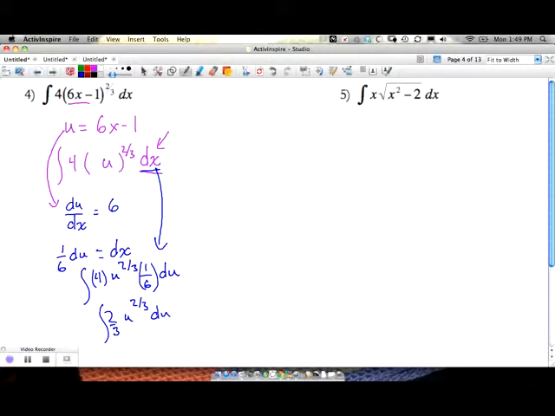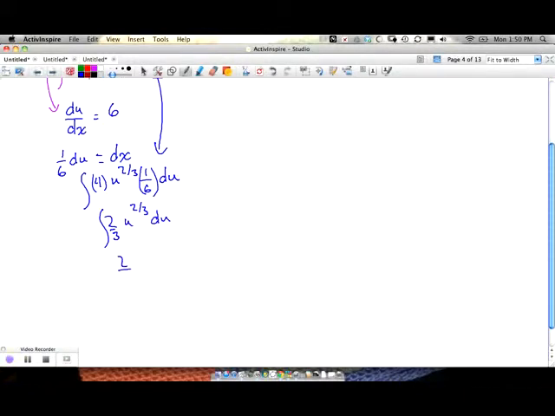Taking the antiderivative of that. So the constant is a constant and just stays there. And then u to the 2/3, I got to add 1 to the power. So that means add 3 over 3. I would get u to the 5/3 over 5/3 plus c, of course. Let's do some simplifying.